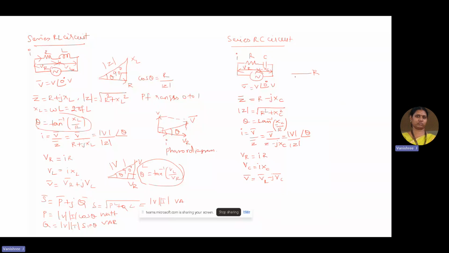Resistance can be taken along 0 and XC can be taken along minus 90 degrees with respect to R, and the impedance is modulus of Z. So this is the impedance triangle.